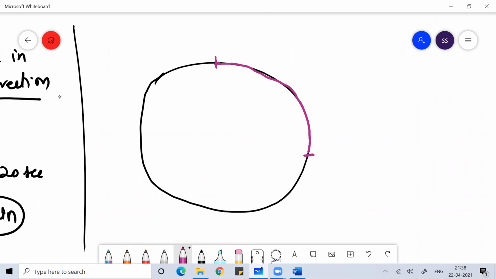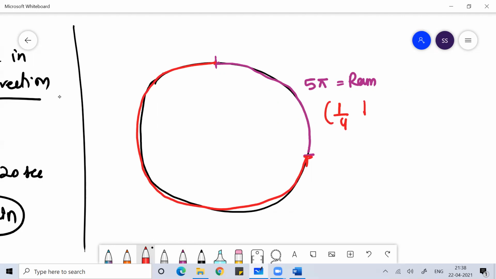They'll meet after 5 pi. So 20 pi is the total ground, and they're meeting after 5 pi by Ram. This is the distance Ram has covered, and this is the distance Shyam has covered. They're moving in opposite direction.